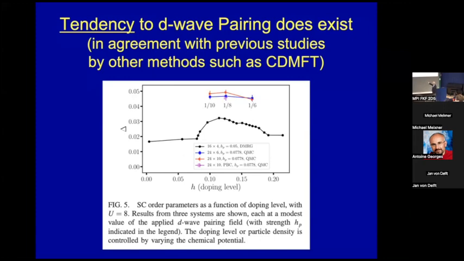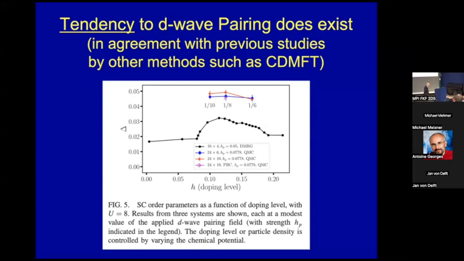And this is the response of the order parameter to a small pairing field as a function of doping. And you see here that there is a dome in doping where the system responds strongly to such a pairing field. And we've known that for many years, from DMRG, from cluster DMFT, from many different methods.